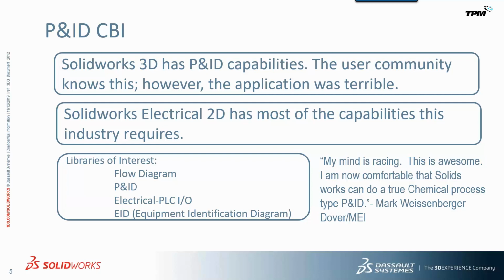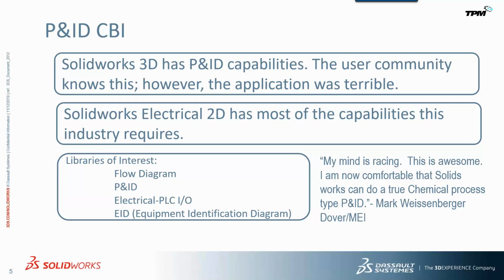Now, I don't want you to get stuck on the fact that we have this electrical environment. Make no mistake, we have modified the environment, and we can do this through templates, or there's a multitude of ways. But this program does come with flow diagrams, P&ID symbols, PLC information, and we even have the EID, equipment identification diagrams, that can be generated.